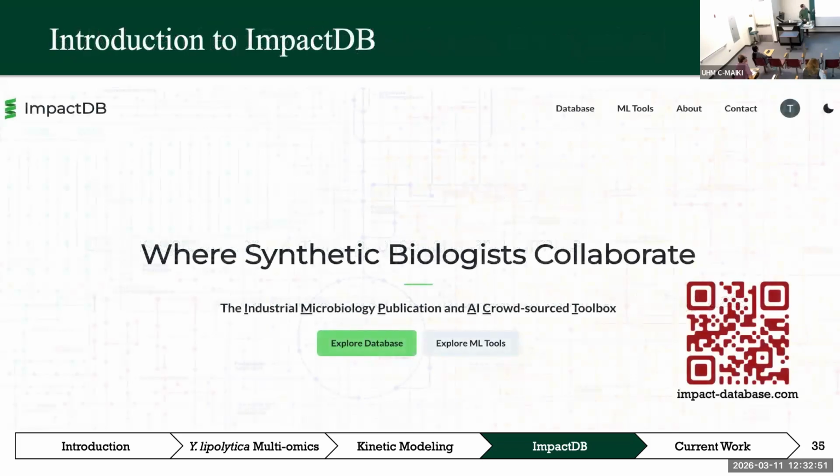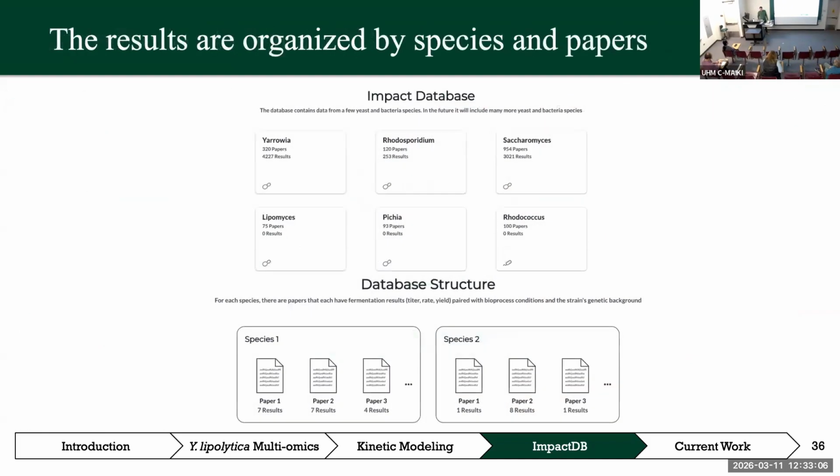So that's the goal of ImpactDB, or the Industrial Microbiology Publication and AI Crowdsourced Toolbox. And it's a website and database. So yeah, it's impact-database.com. And I'm going to show you some screenshots to show how the website works and how it's organized. It's organized into genuses. So these are different yeast and bacteria genuses.